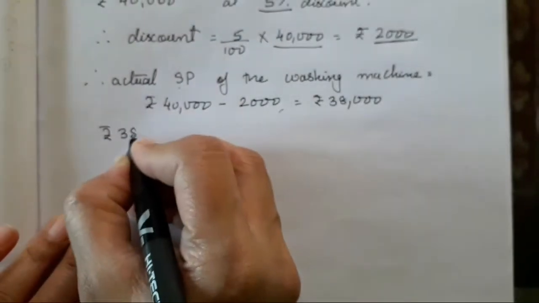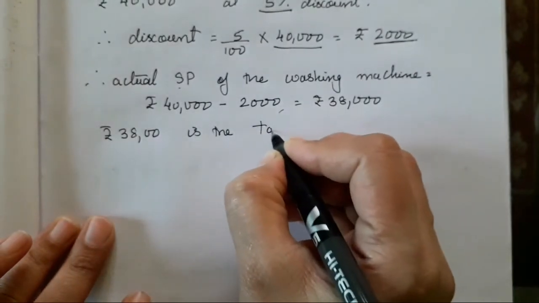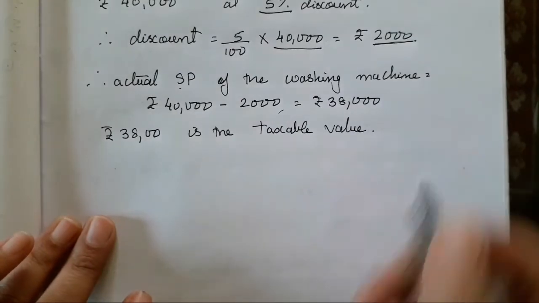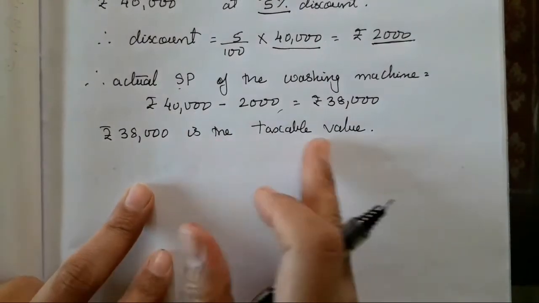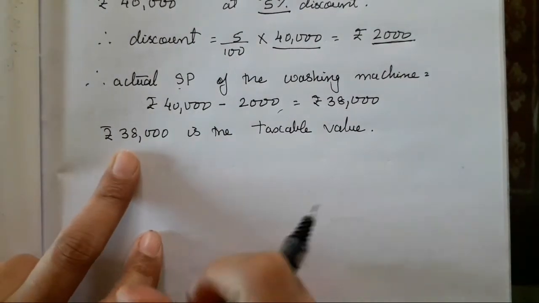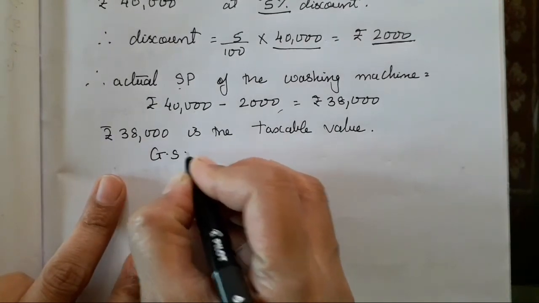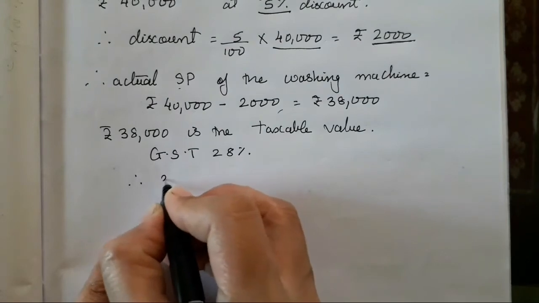Rupees 38,000 is the taxable value. Okay, so after the reduction of the discount, this much is going to be the amount of the washing machine, and we have to find the GST of 28%.